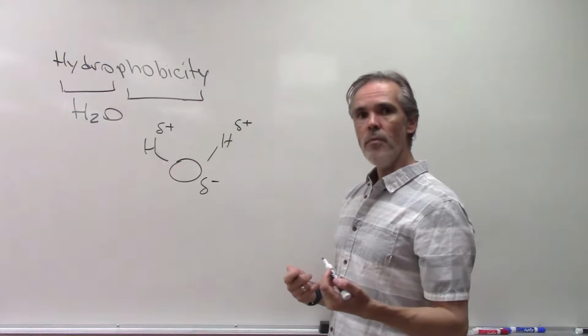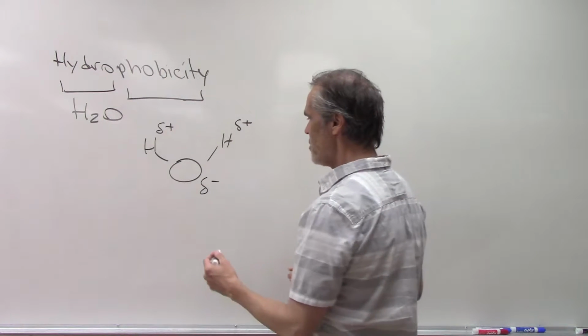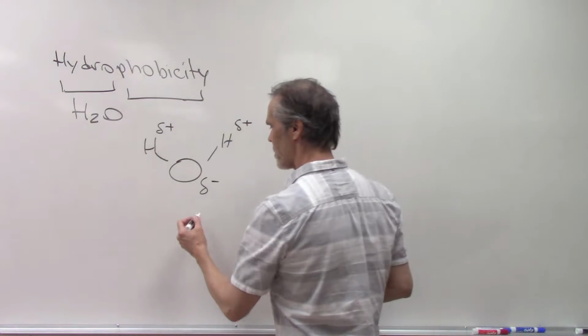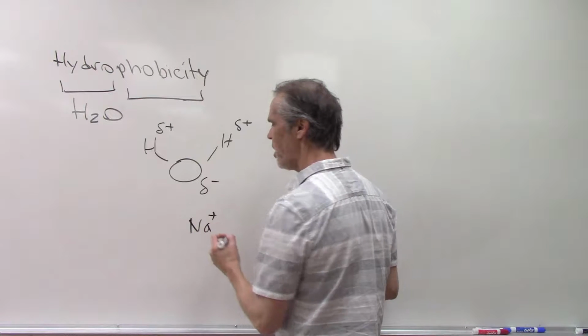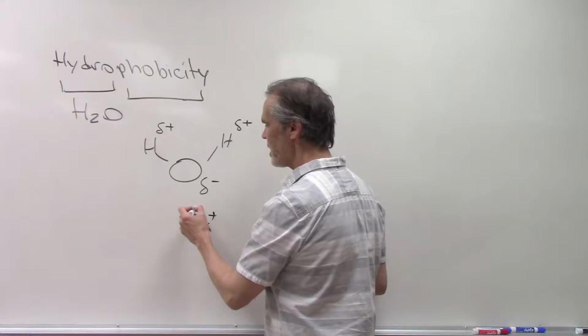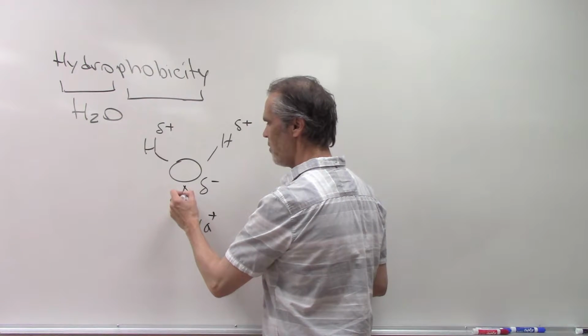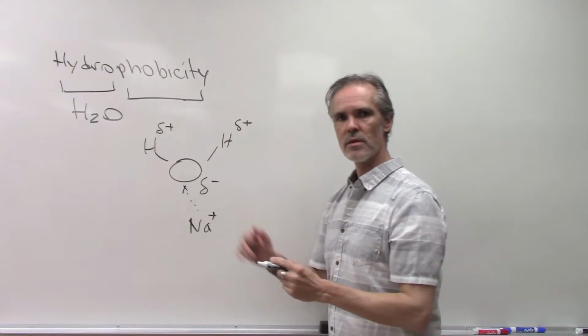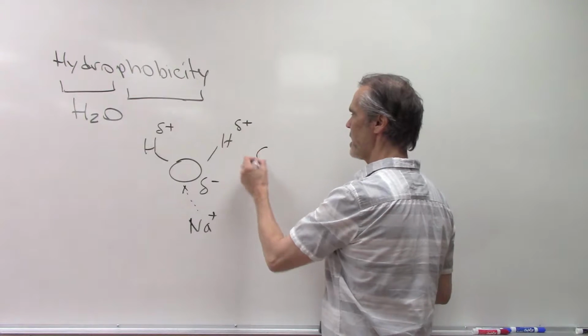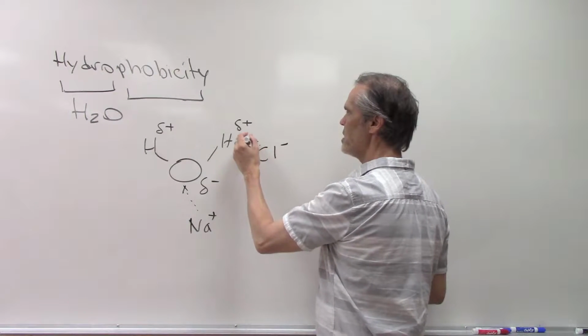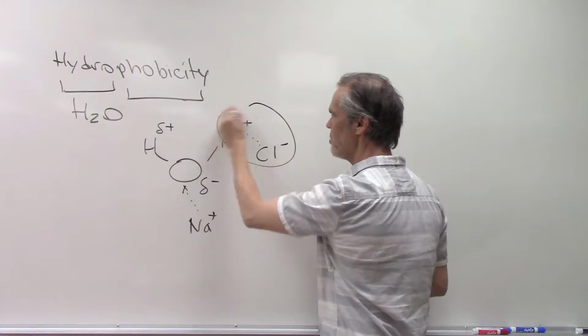Now, we know, because we've seen it, that ions, for example, sodium, which is positive, will have an attraction for this oxygen here. And we know that the chloride ion will be more attracted to this environment right here, right?